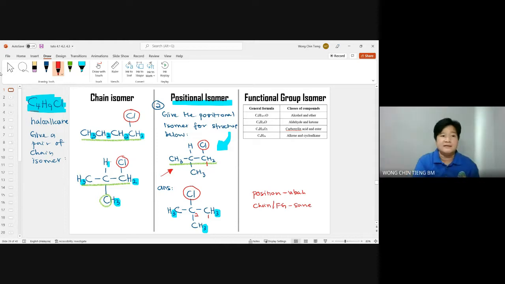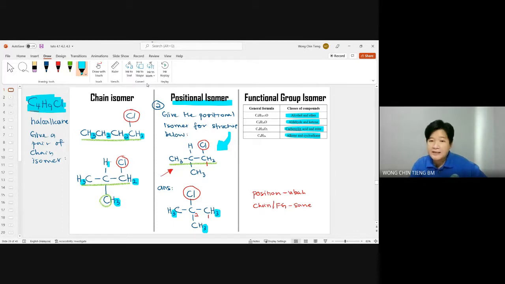Okay, 2 type of question. Ada 1 more. So next, the functional group isomer. I think the problem yang Anis tanya kat sini adalah functional group isomer. Betul? Functional group isomer is only limited for this 4 pairs only. Functional group isomer hanya untuk 8 kumpulan ini sahaja, 4 pasangan sahaja.